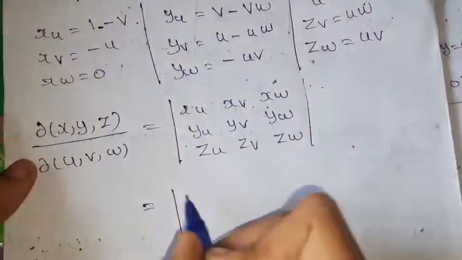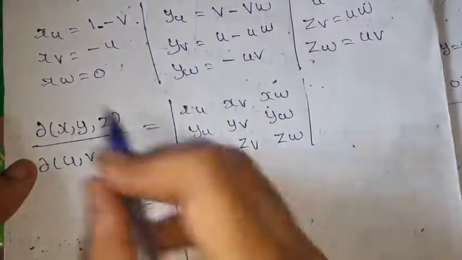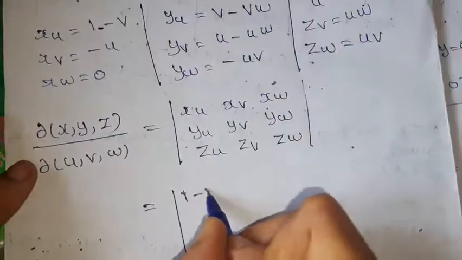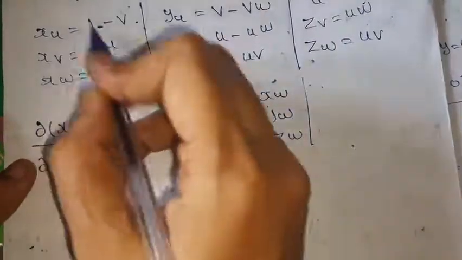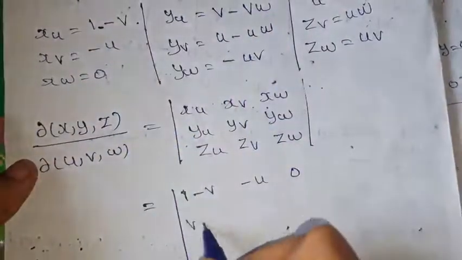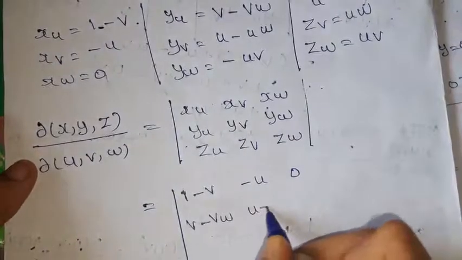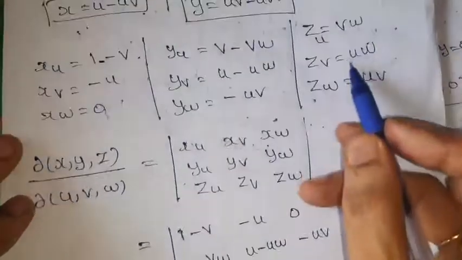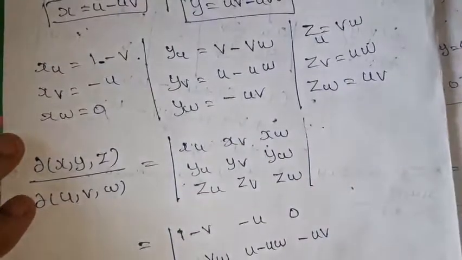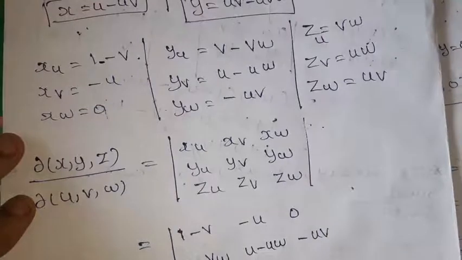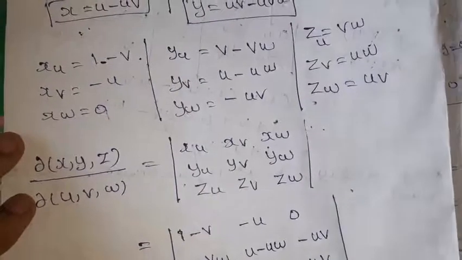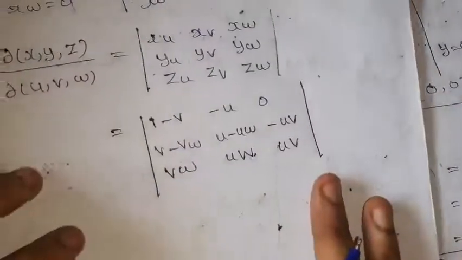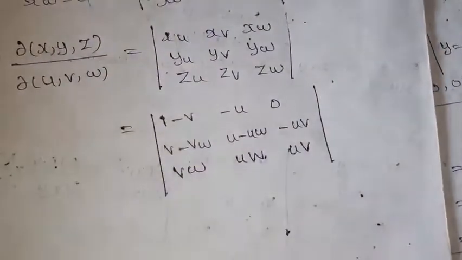First row: 1 minus v, minus u, 0. Second row: v minus vw, u minus uw, minus uv. Third row: vw, uw, uv. Okay, so we can find the determinant value for this.